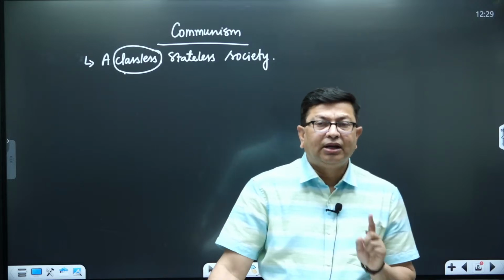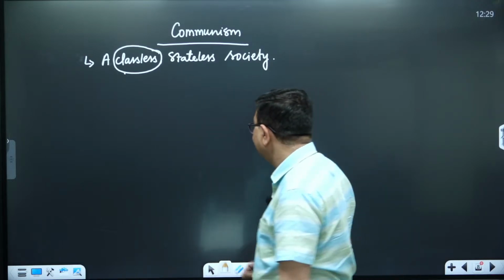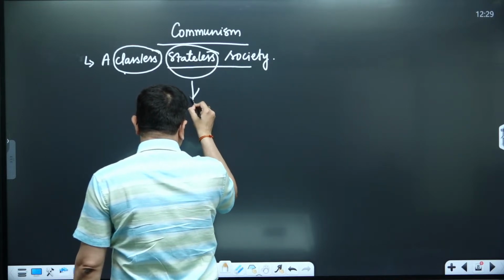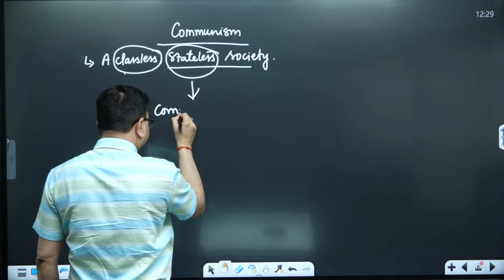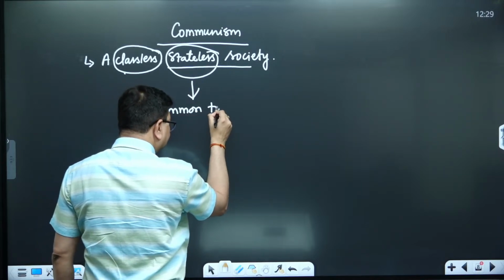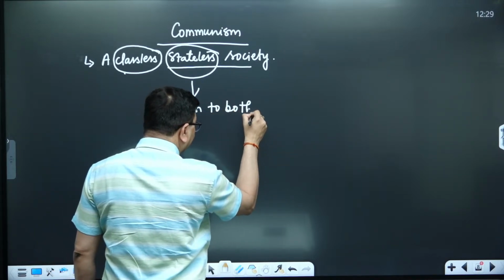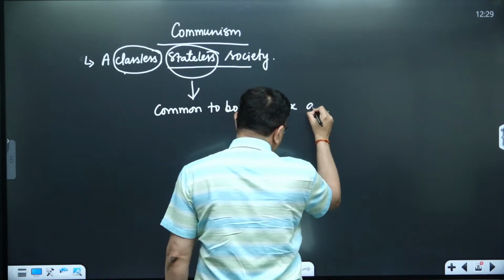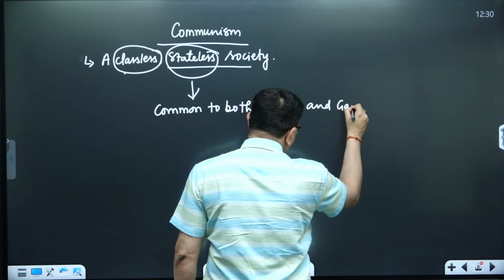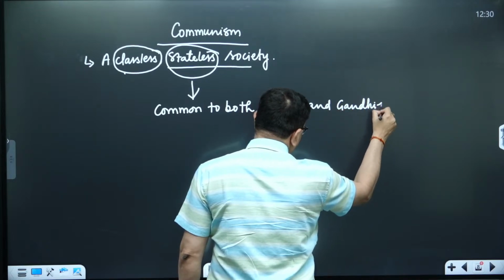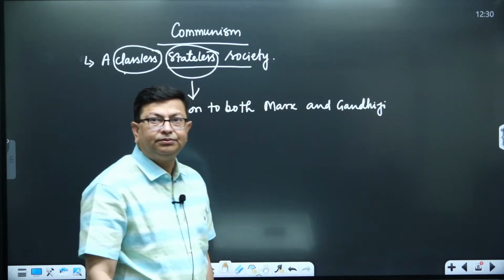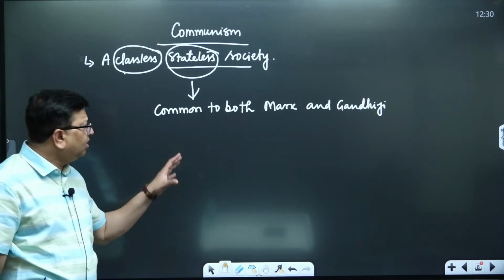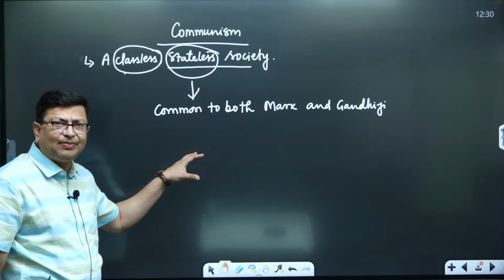The concept of a stateless society is common to both Marx and Gandhiji. No doubt, both had their different aspects.